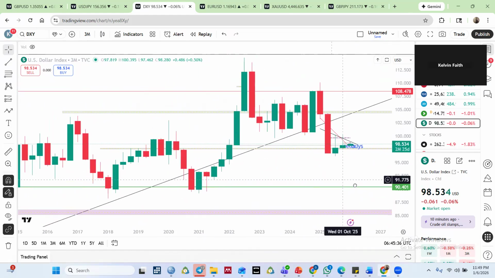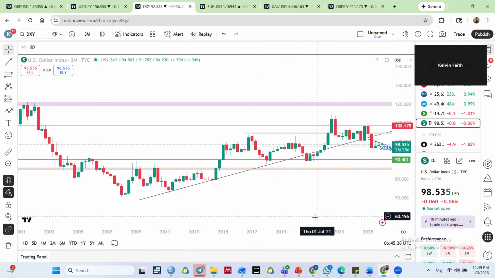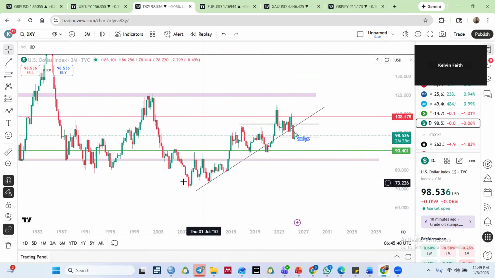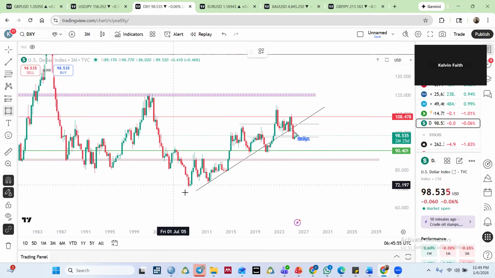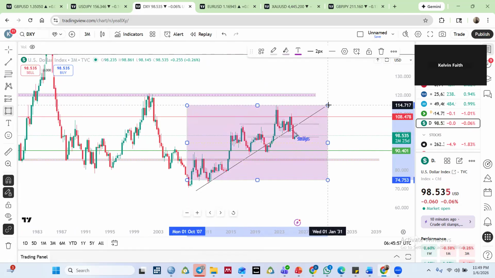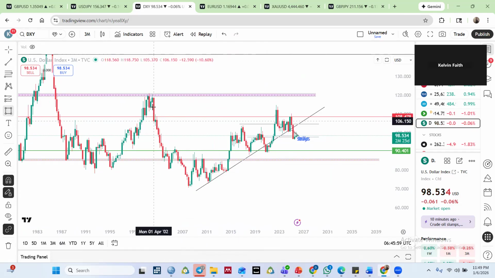We can see clearly that from the 3 months time frame, market is bullish: higher high, lower high, higher high, kind of double bottom, lower highs, and then higher highs. So this entire structure here is telling us the DXY is bullish.